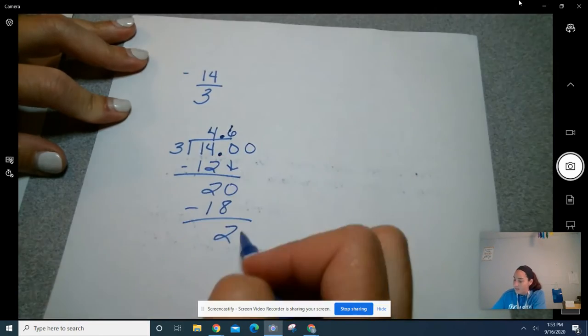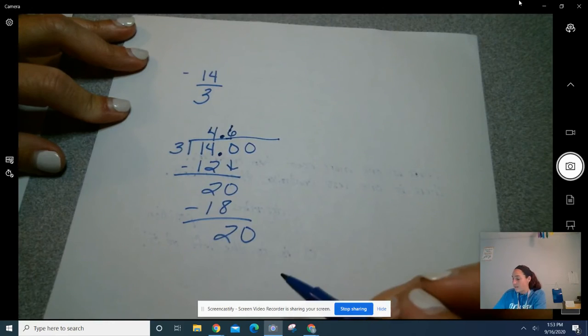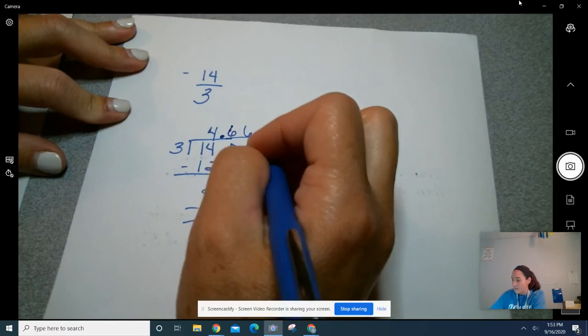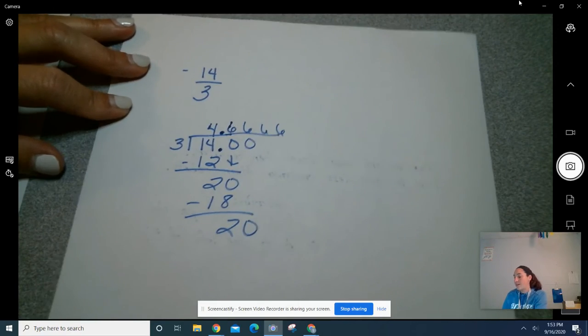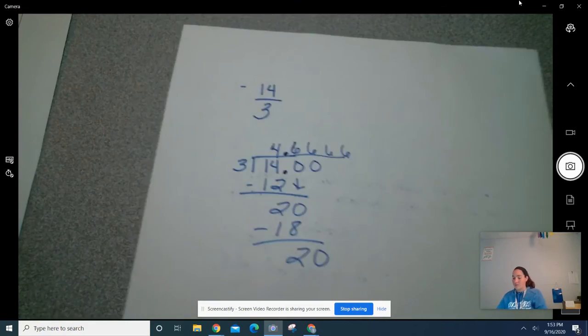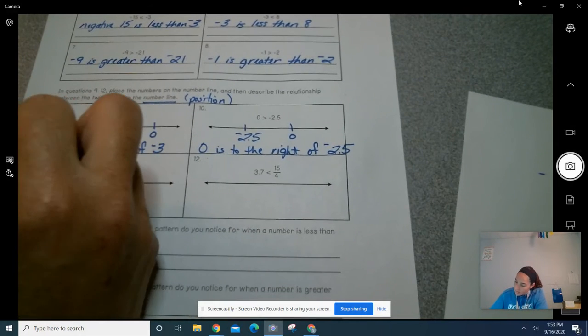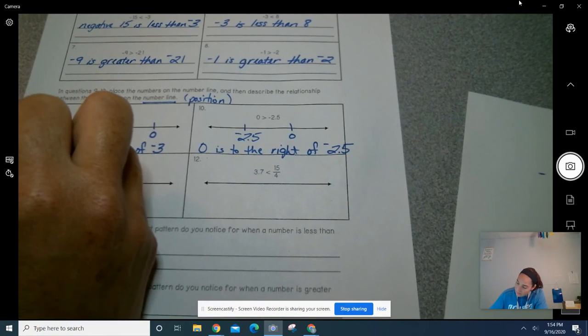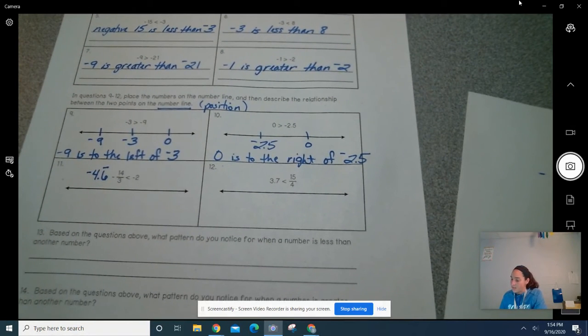We have to do another 0, another bring down. And as you can see, I'm just going to keep getting 6s. So -14 thirds is the same as -4.6 repeating. And remember that little line on the top means that 6 repeats.